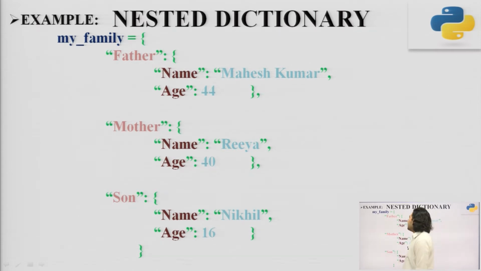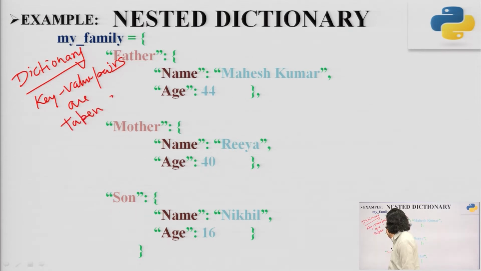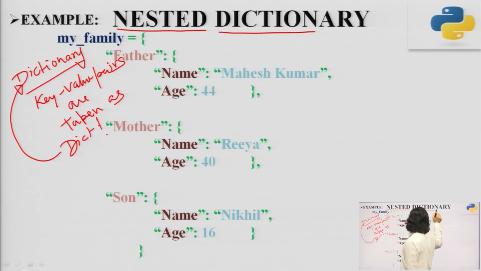So, ultimately, if we have a dictionary and in that the key value pairs are taken as dictionaries, that means a dictionary inside a dictionary. When such conditions prevail, you can directly use the word nested dictionary.